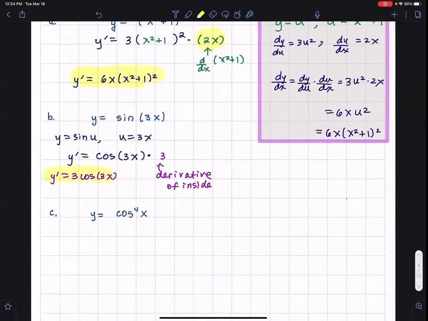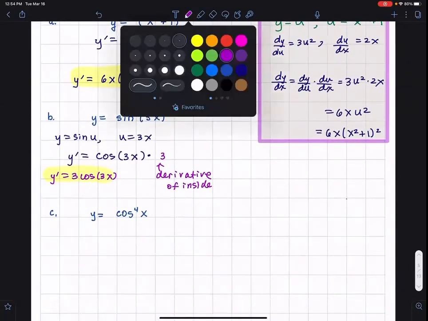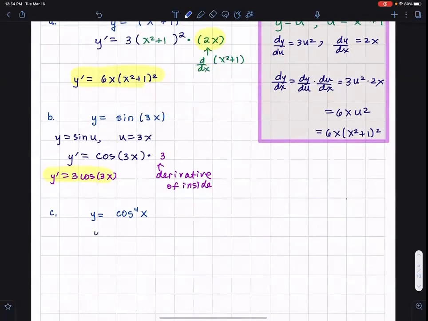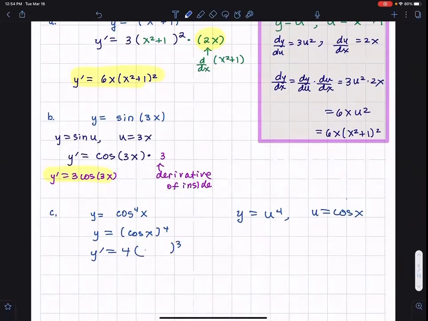Here we have something that's a little different, and it's important to pay attention to how it's different. This is y equals, I'll write parentheses cosine x all raised to the 4th power. So see, y is u to the 4th, and u equals cosine x. So I take the derivative of u to the 4th, which is 4, whatever happens to be inside, to the 3rd power. Well, what's inside is cosine x.